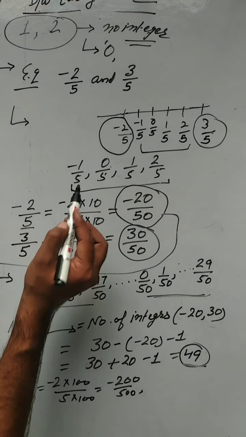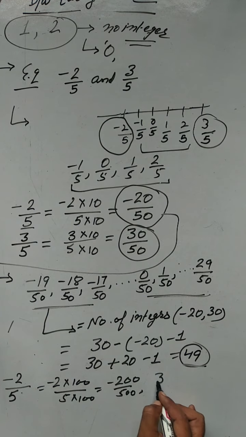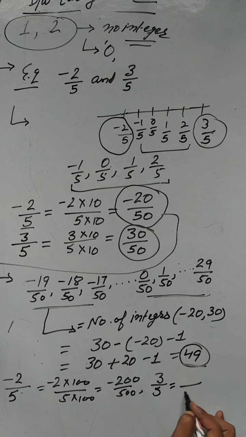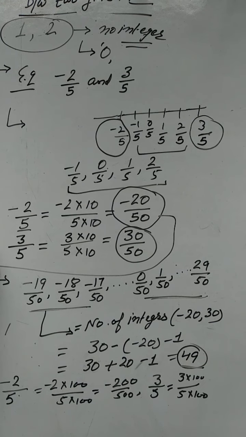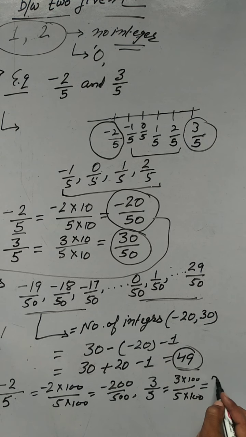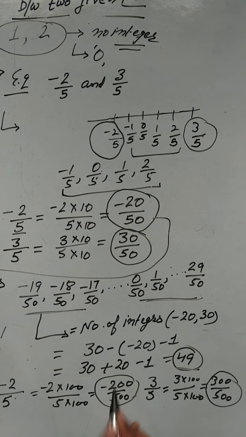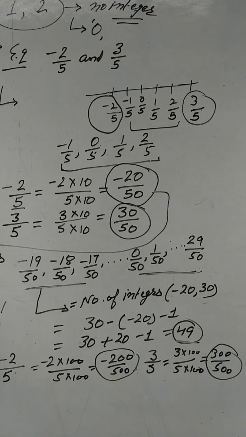And 3 upon 5 similarly, multiplied by 100, 3 into 100 and 5 into 100. Clear? So this becomes 300 upon 500. Now you can find again the numbers between minus 200 upon 500 and 300 upon 500.